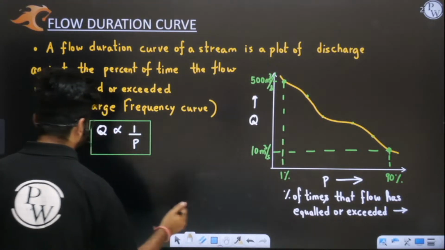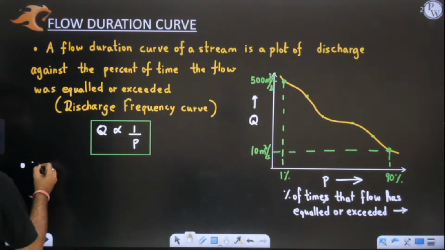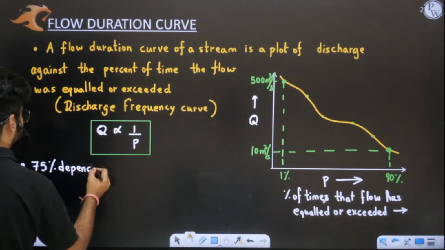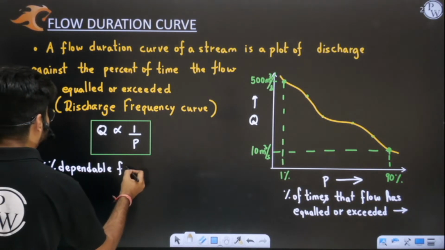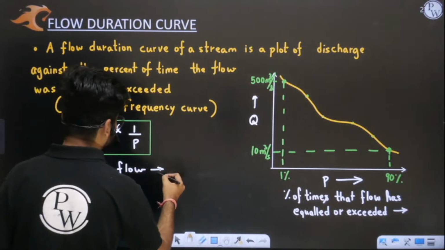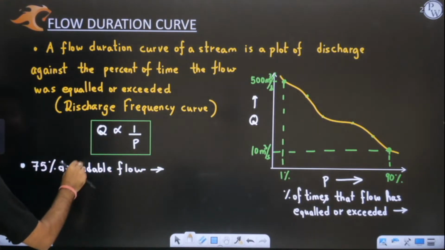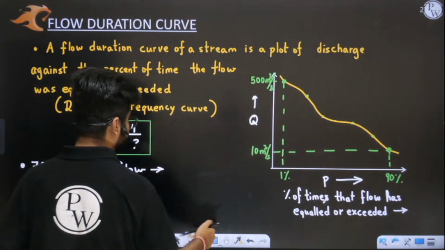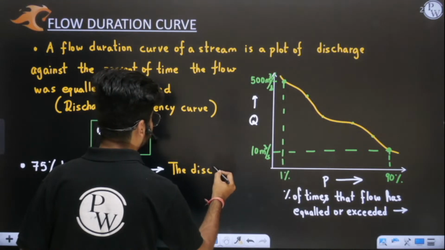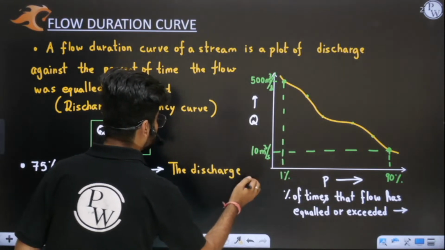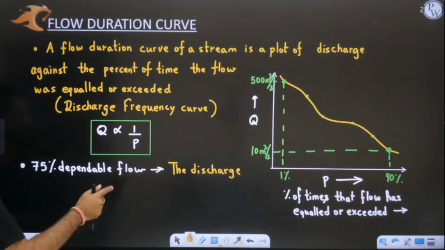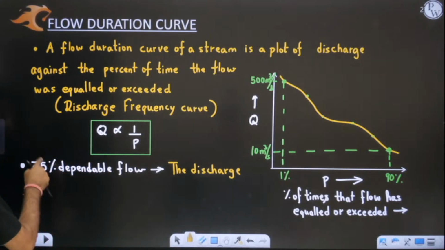Let us take an example also, so that whenever you revise your notes you are able to understand. Let us say we have 75% dependable flow. What is the meaning of 75% dependable flow? It means that a discharge of, let us say, 250 meter cube per second, or greater than that, will be there for 75% of the times.